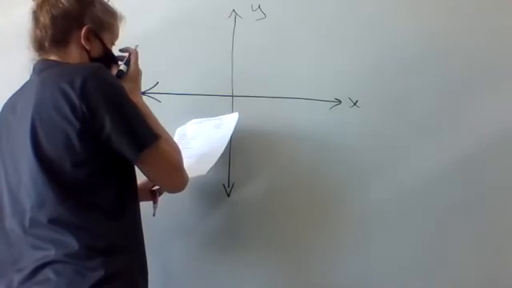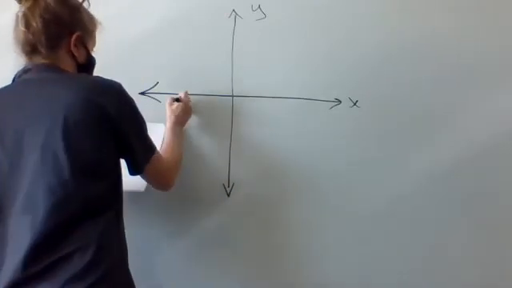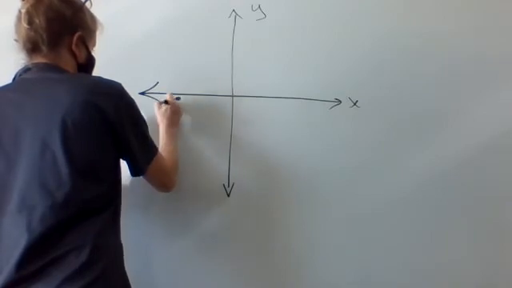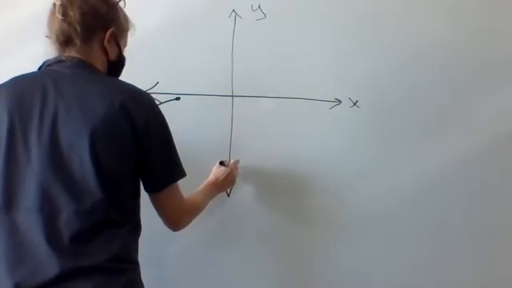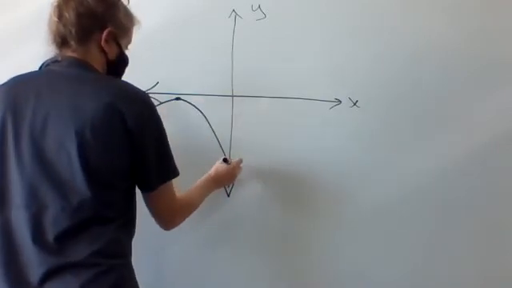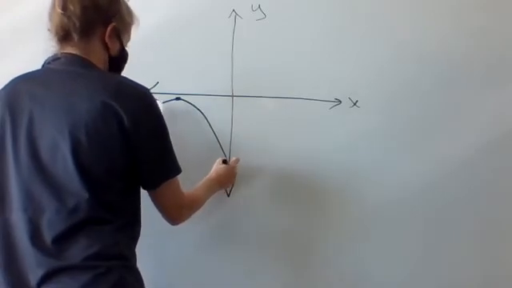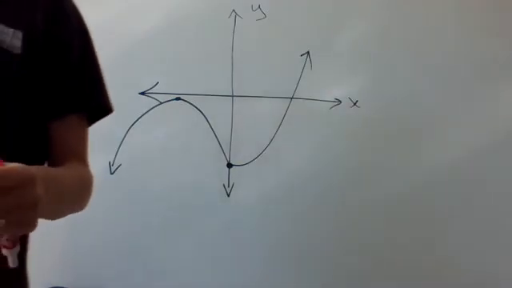All right. So I'm just going to name the important points. I'm just going to draw this one out. And then they name the coordinates of those 2 points.